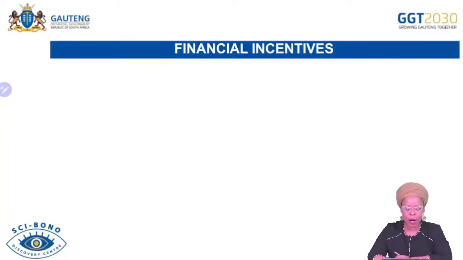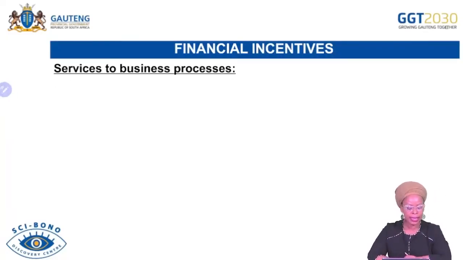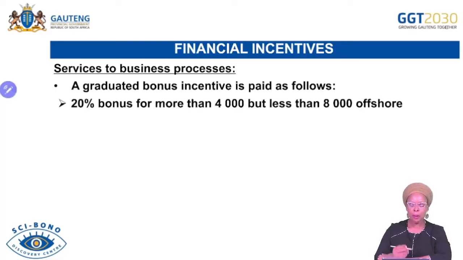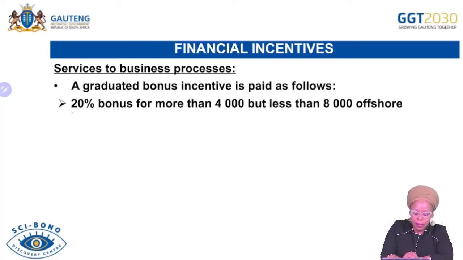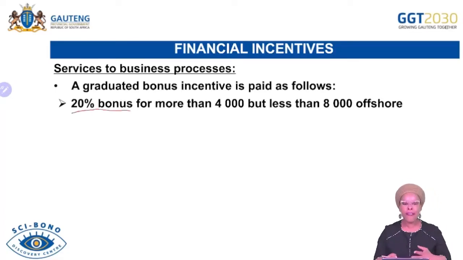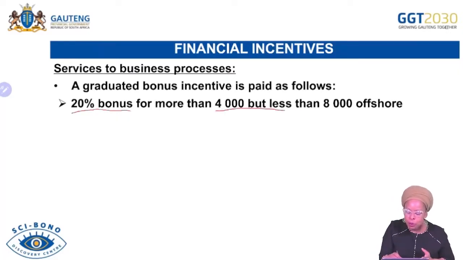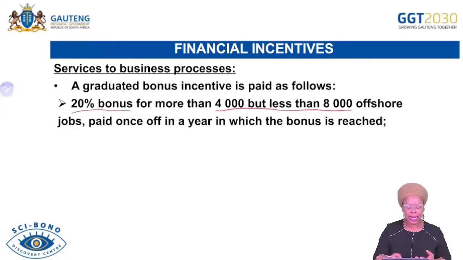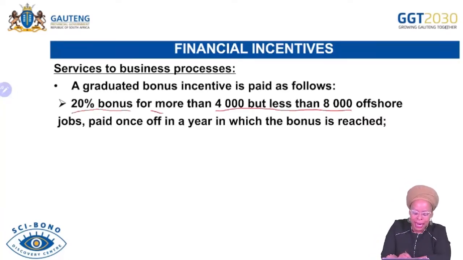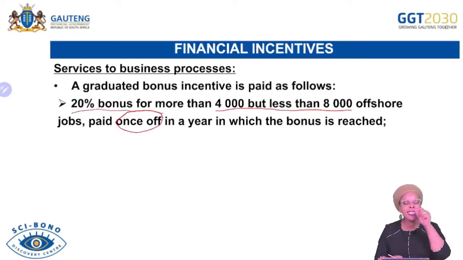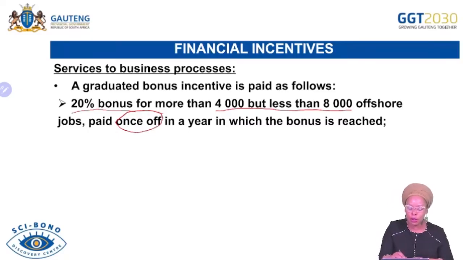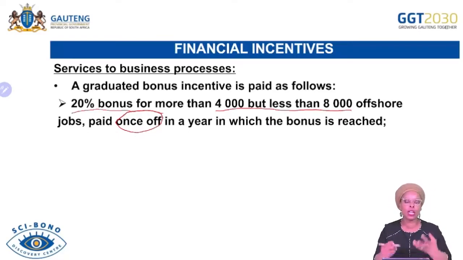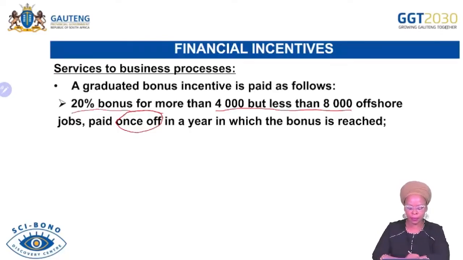Let's look at how it works. Okay, this is how it works. A bonus of 20% will be provided, but only if 4,000 up to 8,000 jobs are created. And this grant will only be paid as a once-off in that particular year when between 4,000 and 8,000 jobs were created.